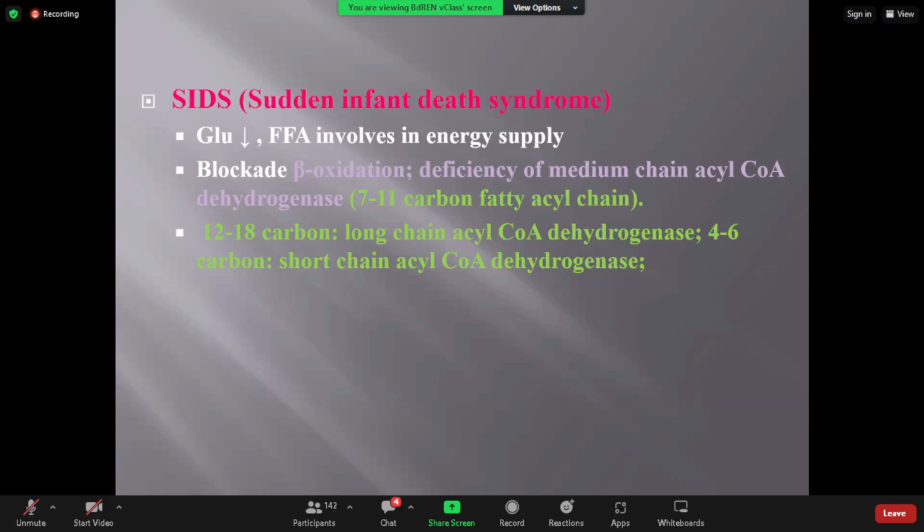So this kind of abnormal situation sometimes happens or is produced in infants due to the deficiency of medium chain acyl coenzyme A dehydrogenase. Medium chain. So this medium chain acyl coenzyme A dehydrogenase is required for infants to conduct the dehydrogenase steps of the fatty acid oxidation.